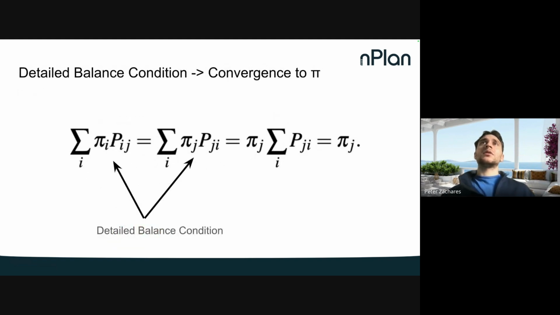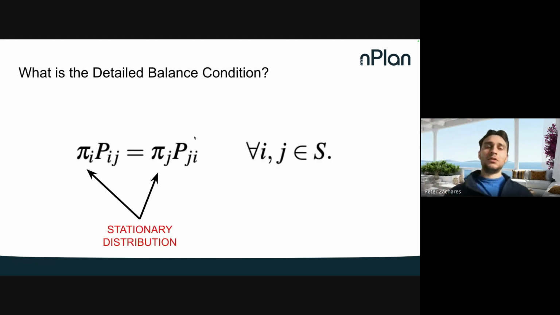And so if you take these values and then you apply the detailed balance condition, you can see going left to right from step 1 to step 2, you're switching pi I with pi j, and then flipping the subscripts in the transition matrix. That's literally the detailed balance condition, as you can see it up here.